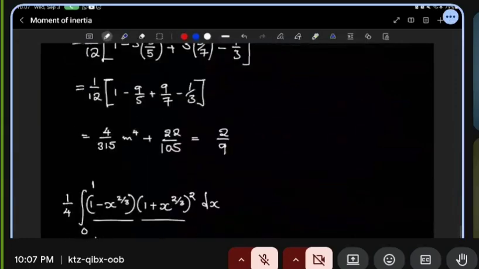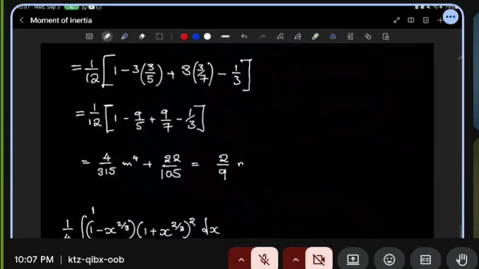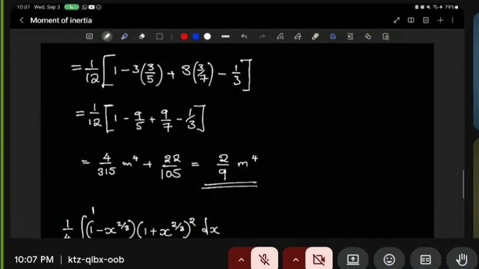I had very little hope that this was going to reduce to 2/9. Have you guys verified? I've done it for the second time. Great.